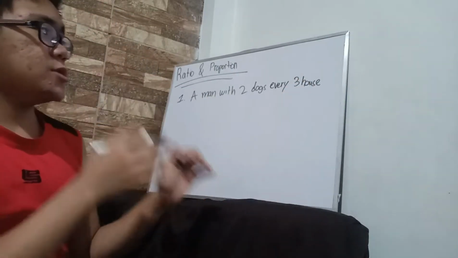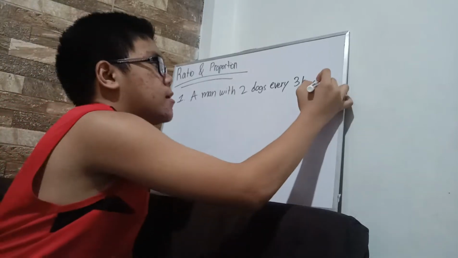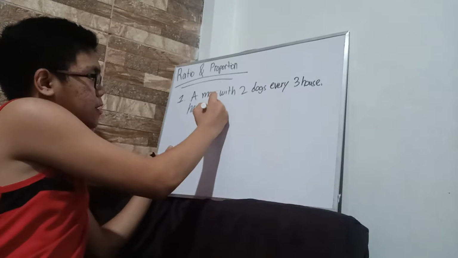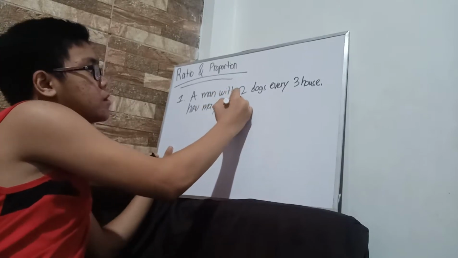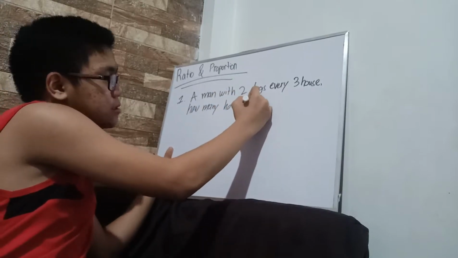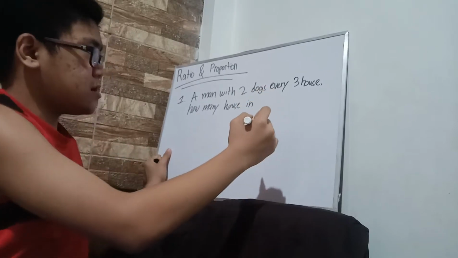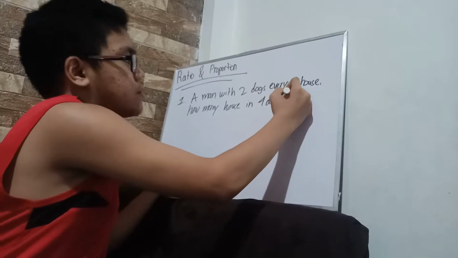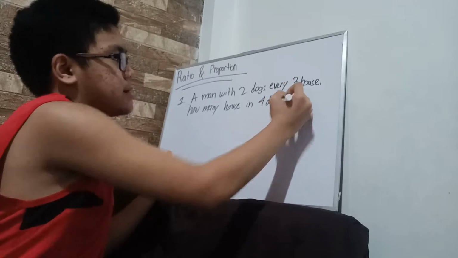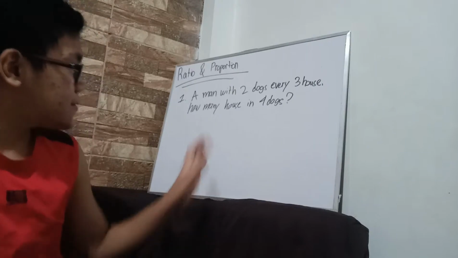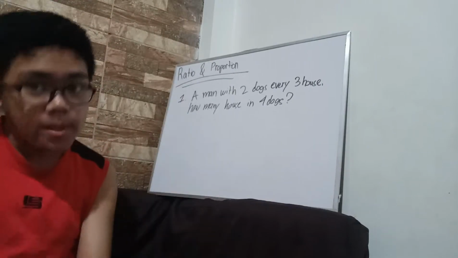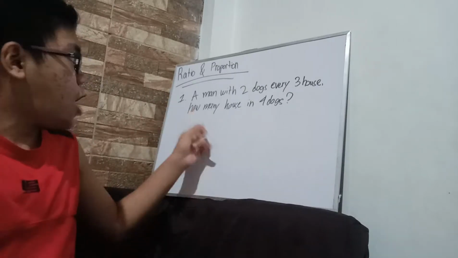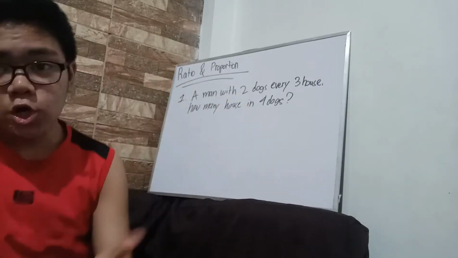A man with 2 dogs every 3 house. How many house in 4 dogs? So that's our first problem. A man with 2 dogs every 3 house. How many house in 4 dogs?